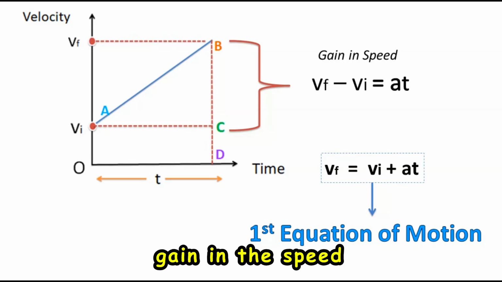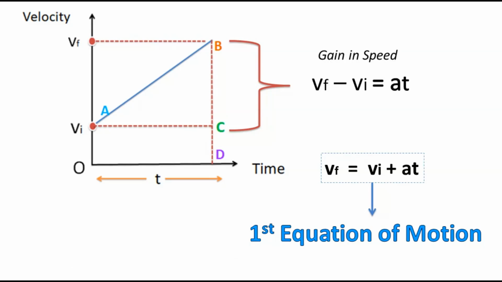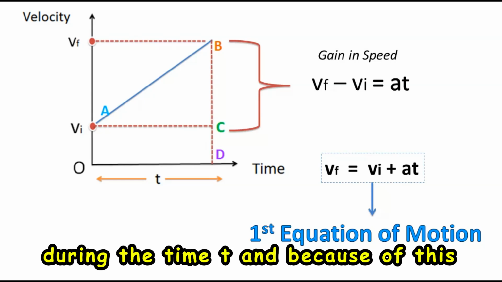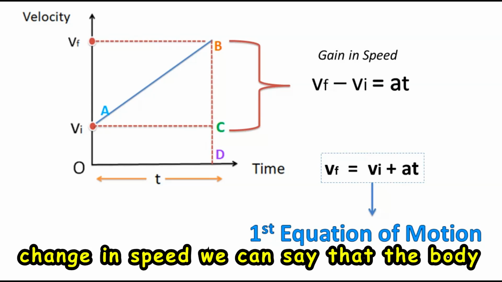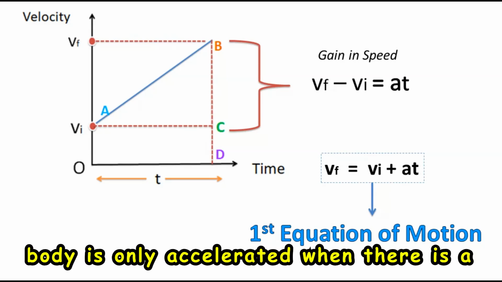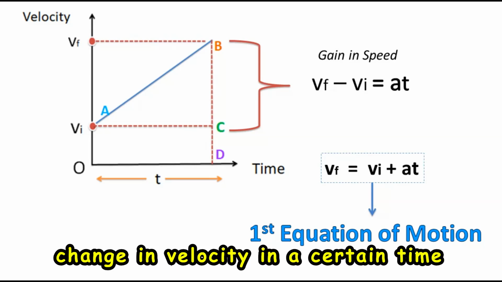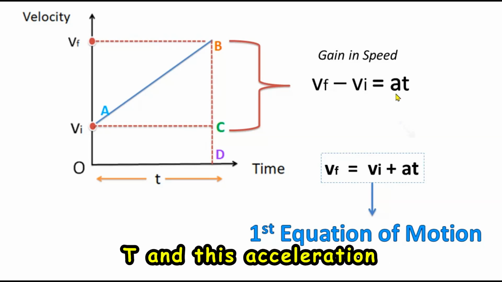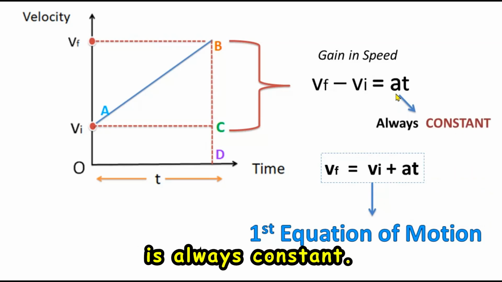This is the gain in speed during the time t, and because of this change in speed, we can say that the body has accelerated, because the body is only accelerated when there is a change in velocity in a certain time t, and this acceleration is always constant.